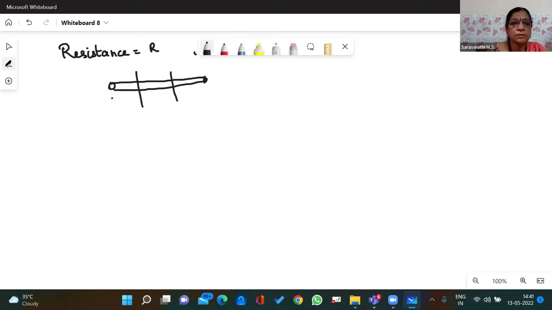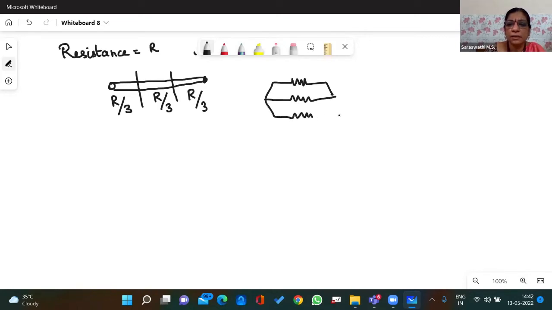So what will be the resistance of each part? R by 3 plus R by 3. Each part will have a resistance of R by 3, right? Now these are connected in parallel like this.